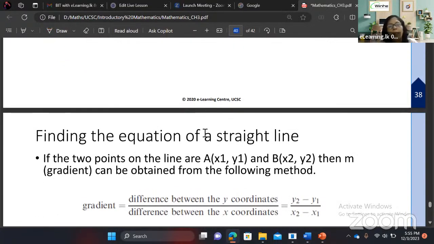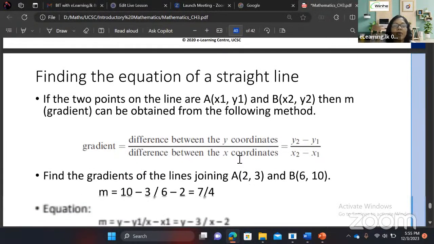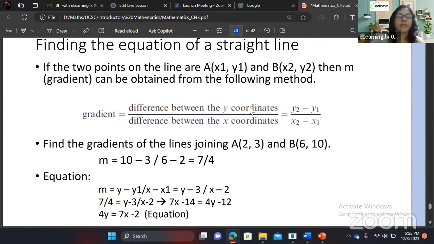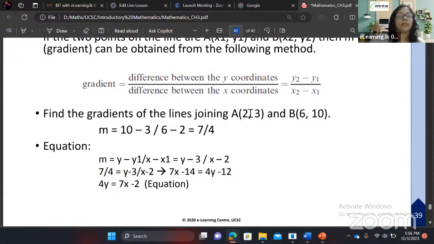Right. If you have 2 points, how do we find the gradient of an equation? Right? How do we find the gradient of the equation?